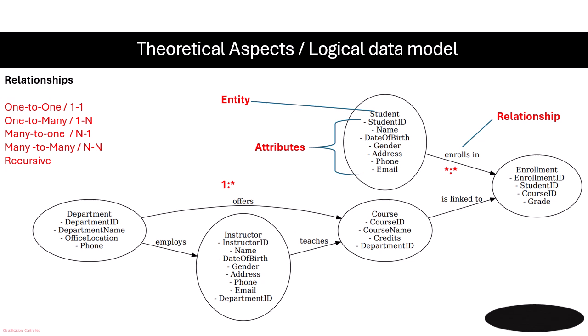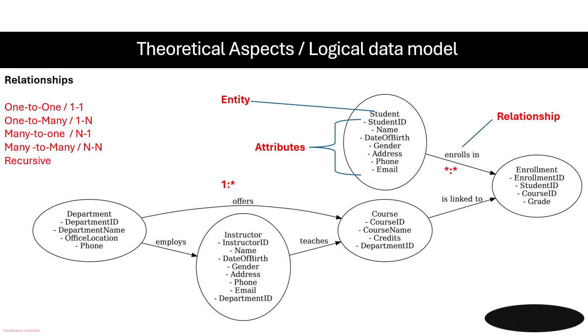It is DBMS independent, which means you can have the same logical data model and implement it in Oracle as well as say MySQL or IBM System R. It consists of entities, as you can see in this picture, attributes within entities, and relationships between each entity.